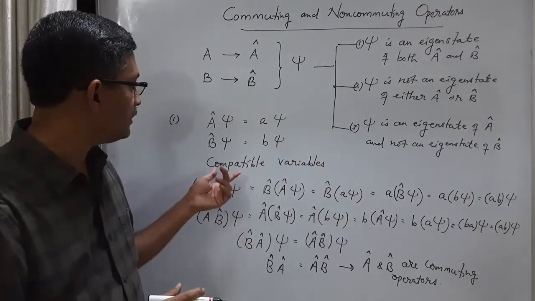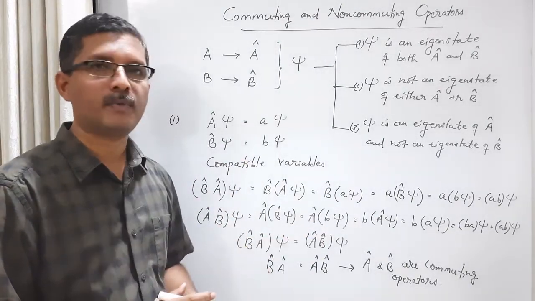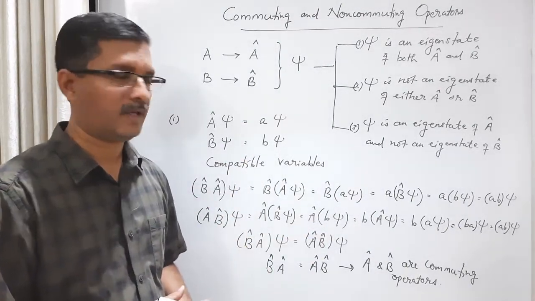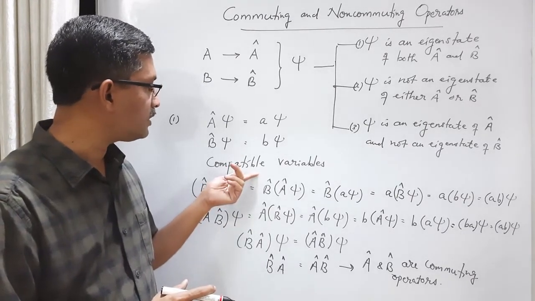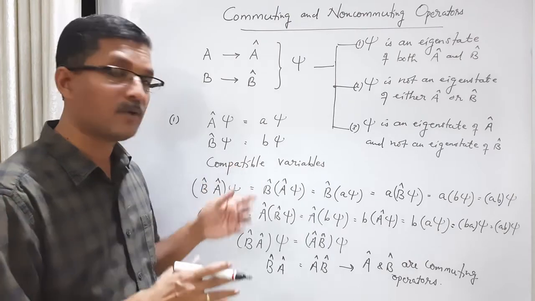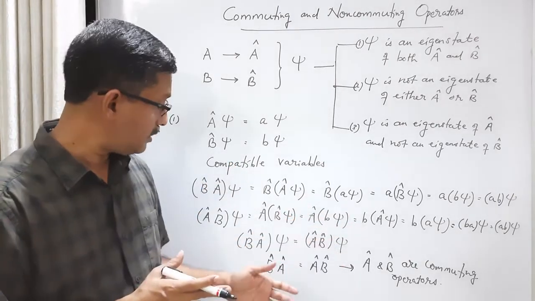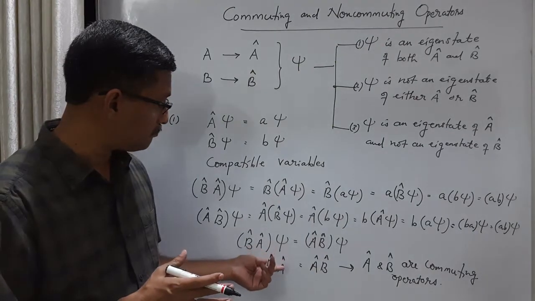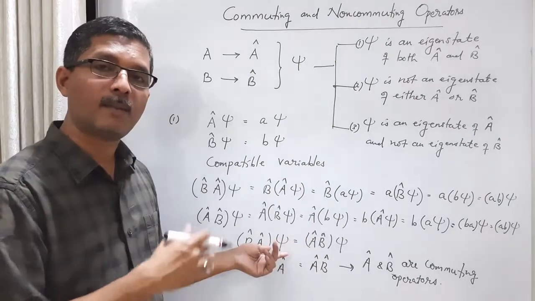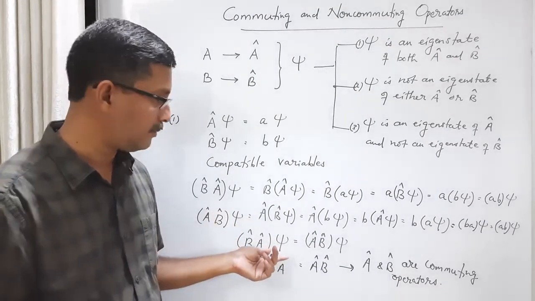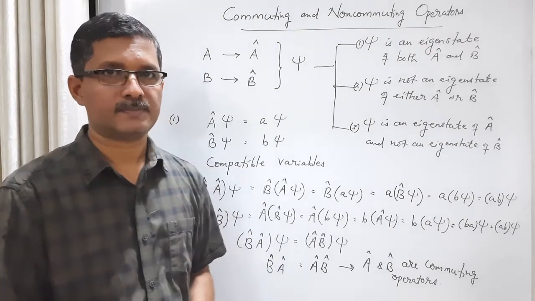We can say that compatible variables can be represented by commuting operators. There is a condition here. If two variables are compatible for a complete set of eigenstates of the system, in other words, if this equation is satisfied for a complete set of eigenstates of the system, then the two operators are commuting operators.